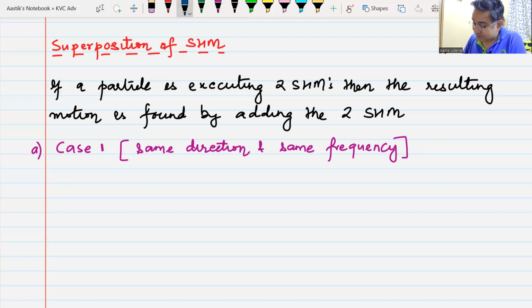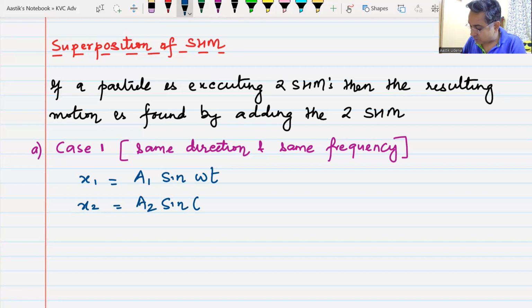So if I call the first SHM as x1 = a1 sin ωt, the second SHM may be like this, x2 = a2 sin(ωt + φ). Now you can see here in this particular case, something is taken as same and something is taken as different.